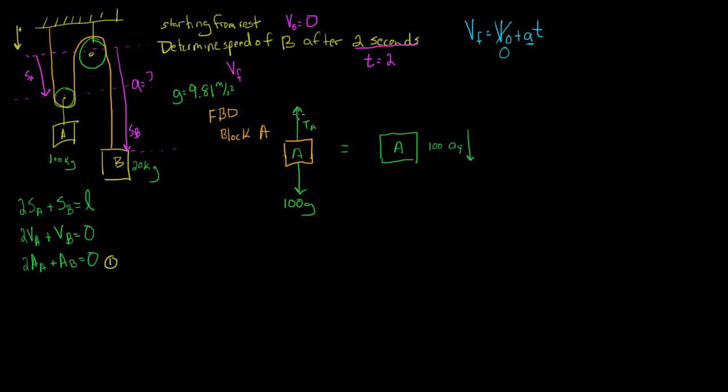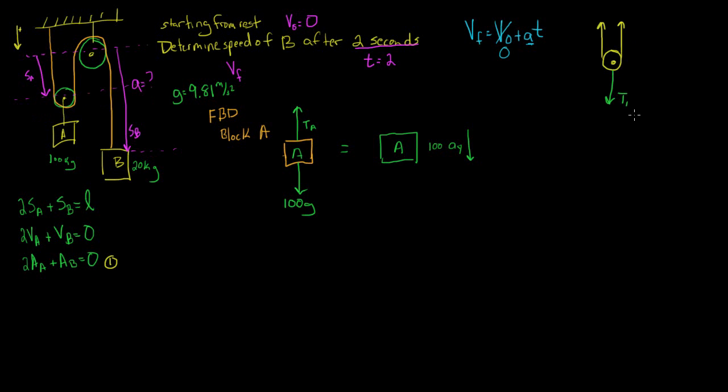Now, what is this T sub A? Well, if we draw a free body diagram of this pulley right here, we notice that it has this TA that points down.